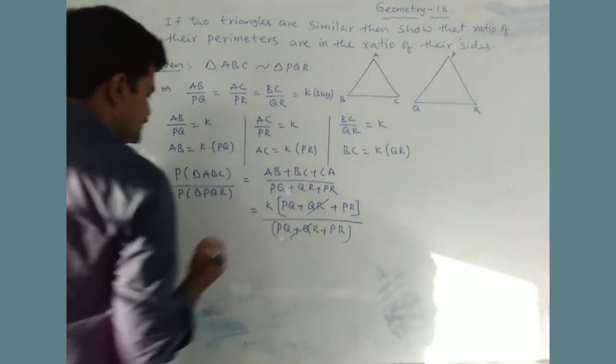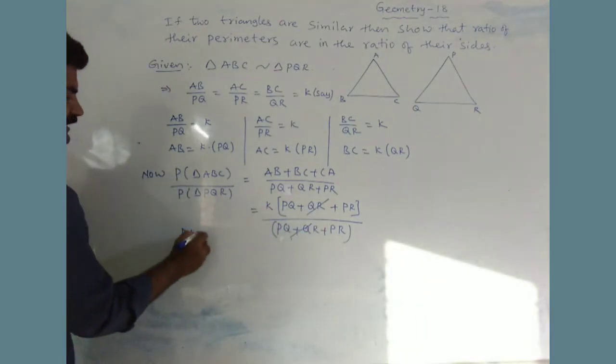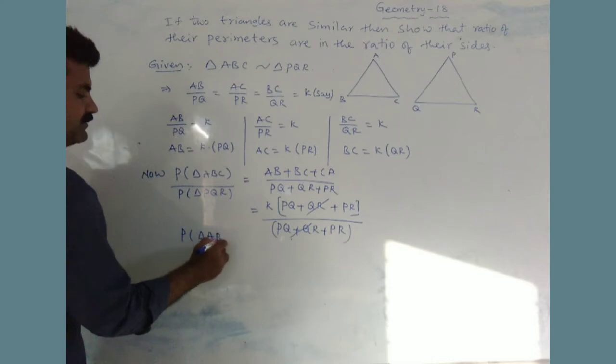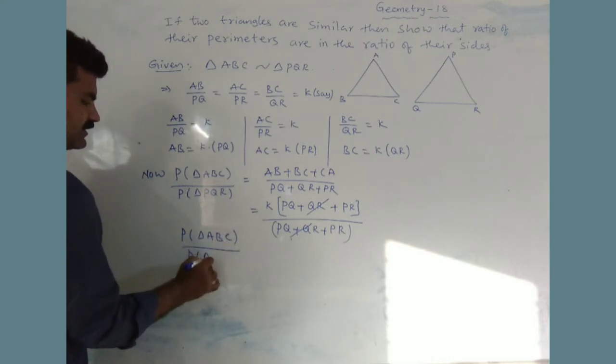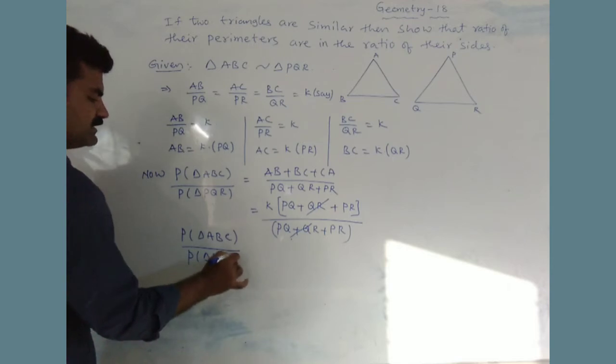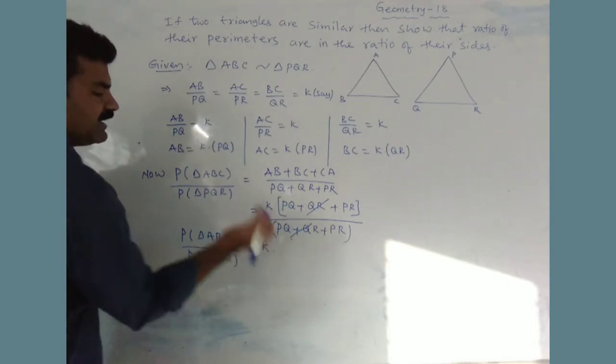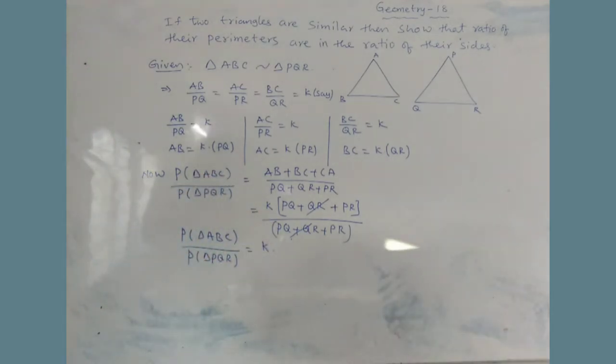So let me take K common. After cancellation, we get that the perimeter of triangle ABC by the perimeter of triangle PQR is equal to K.